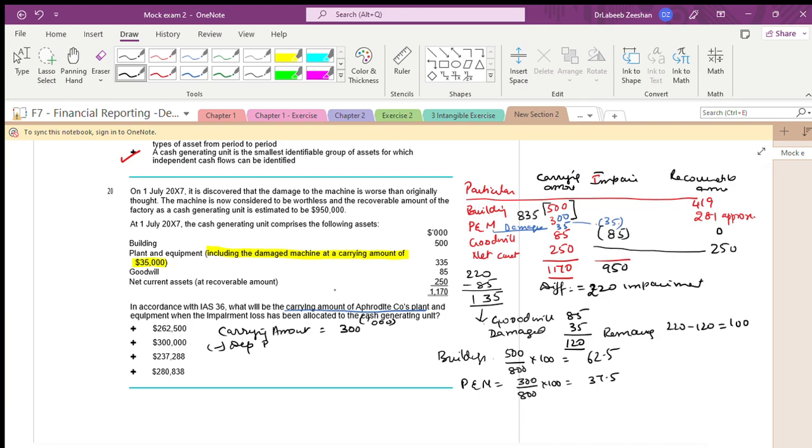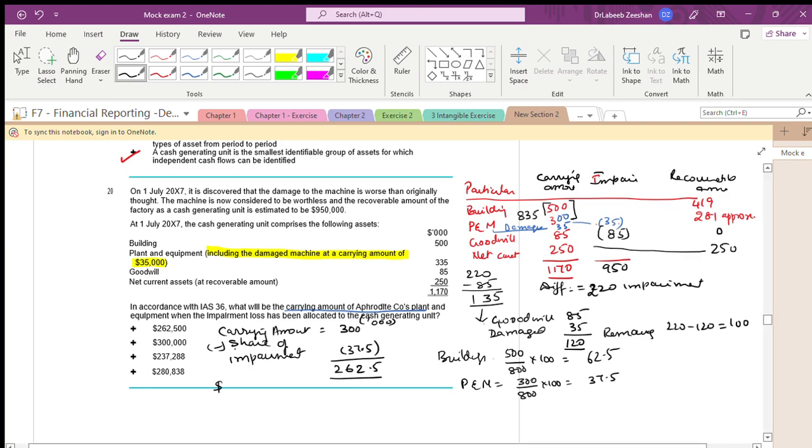Depreciation on plant and machinery. Share of impairment, how much? Share of impairment is 37.5.